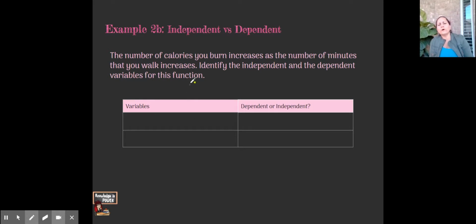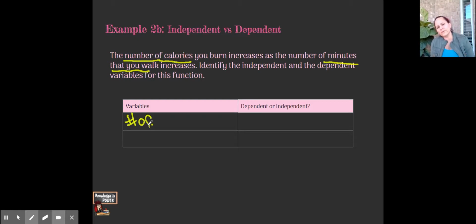Okay, so one, we have the number of calories, and the other, we have the number of minutes. The number of minutes that we walk, and the number of calories. I'm going to go ahead and write those down.